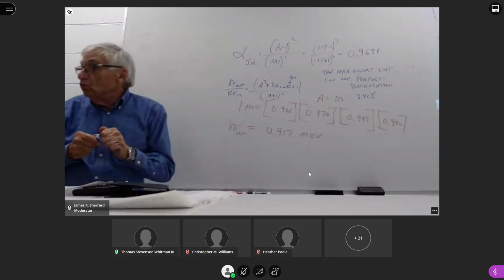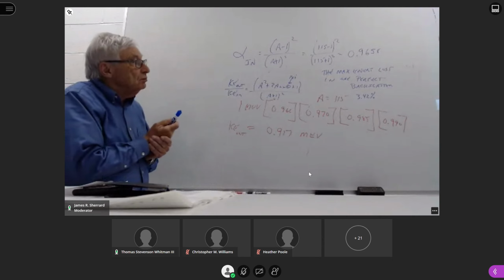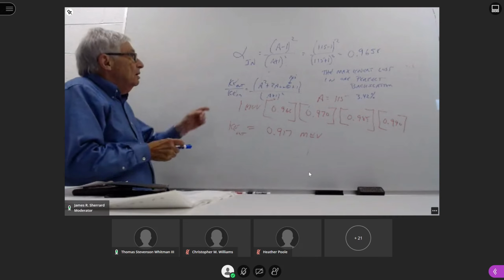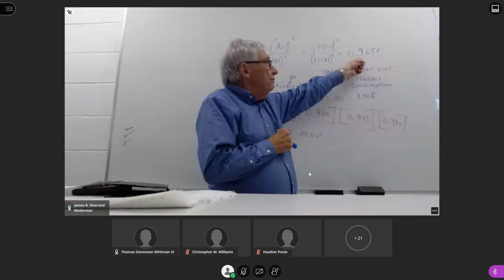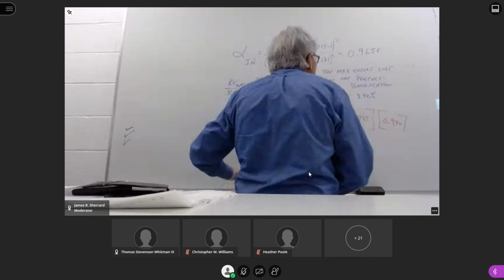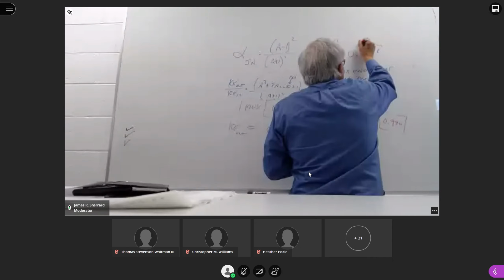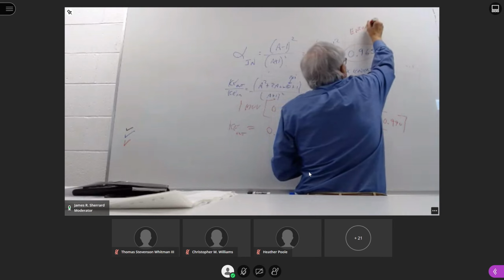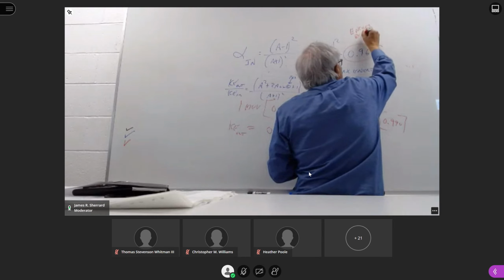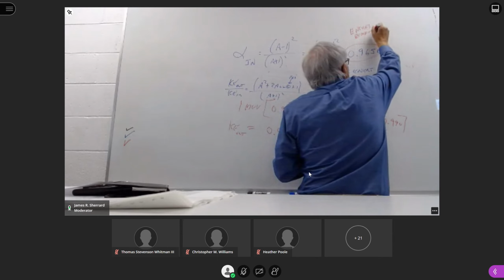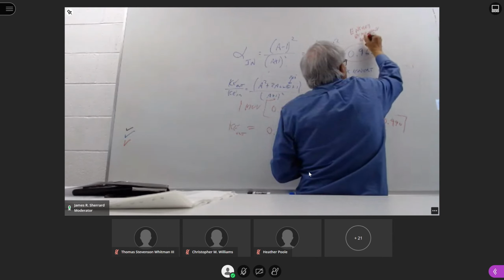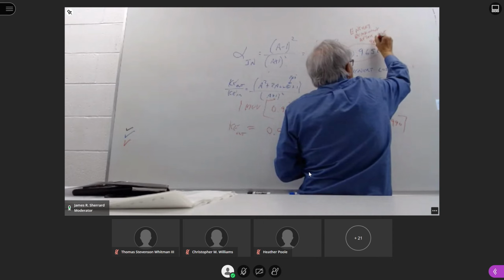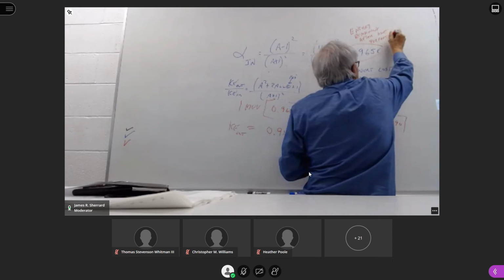Sure. Is the value of alpha the 0.9658 or the 3.42%? Alpha is this value. Okay. This is the energy remaining after one perfect backscatter.